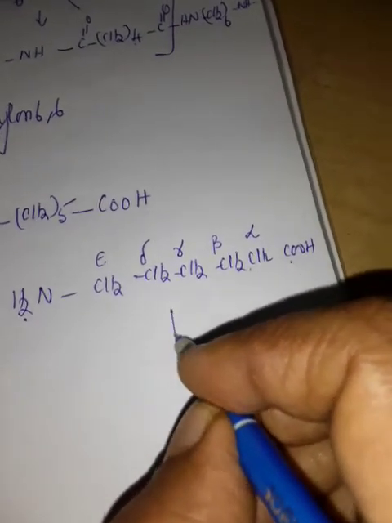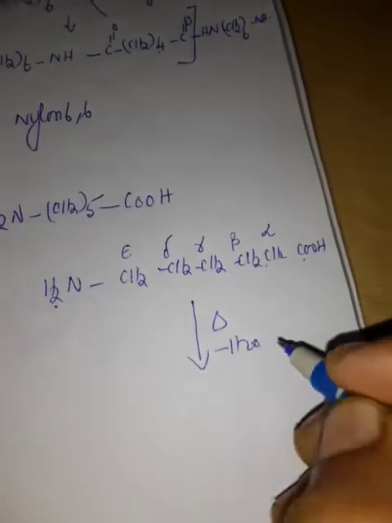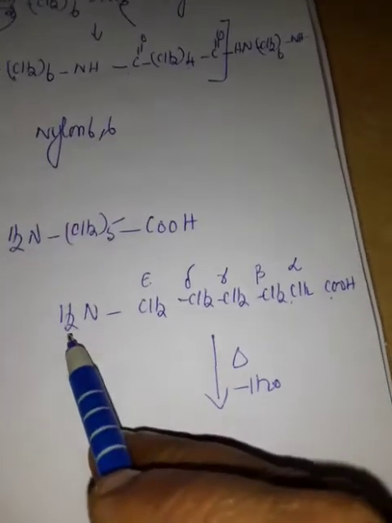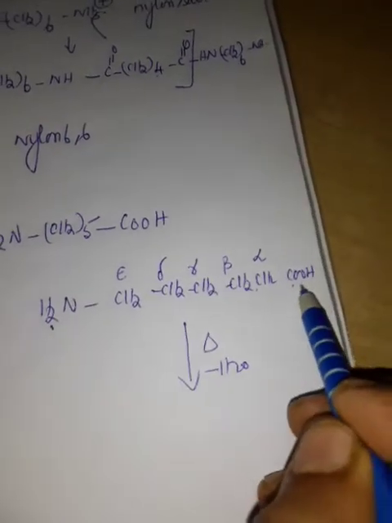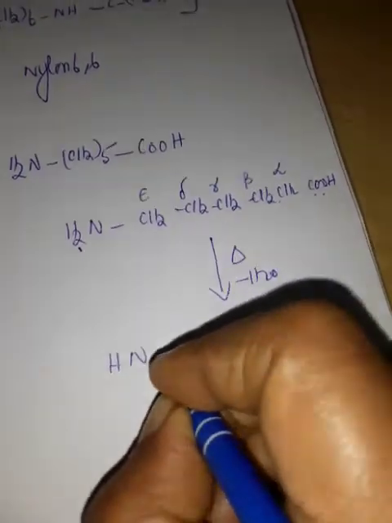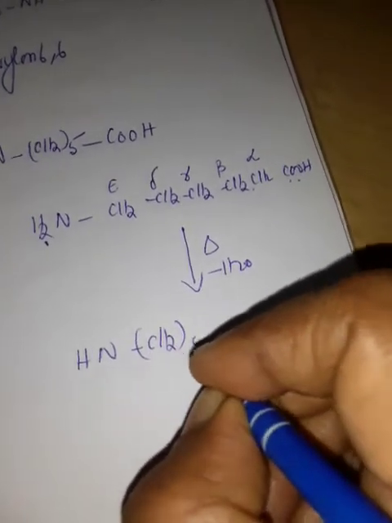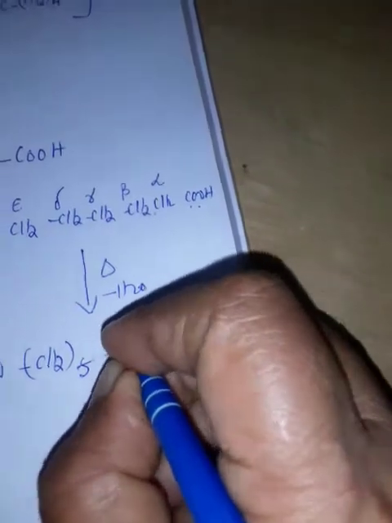On heating, a water molecule is removed, that is hydrogen from here and OH from here. So the remaining product is NH, CH2 5 times, COO.